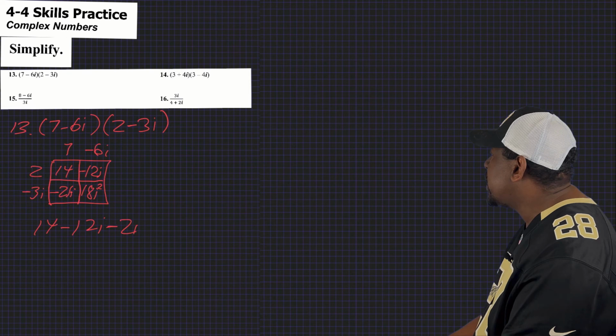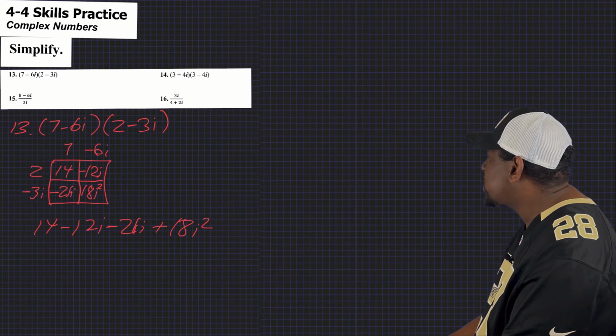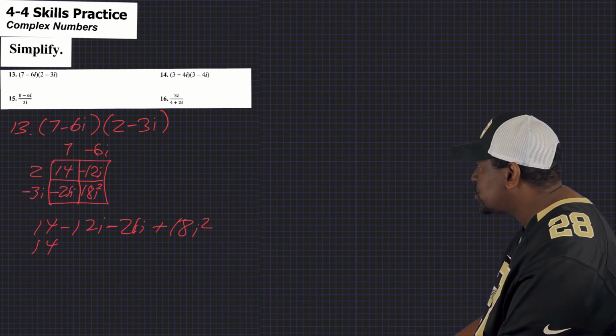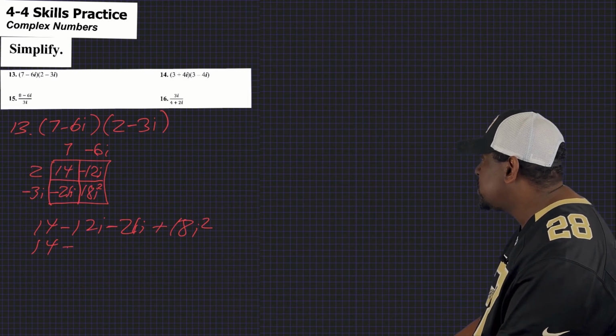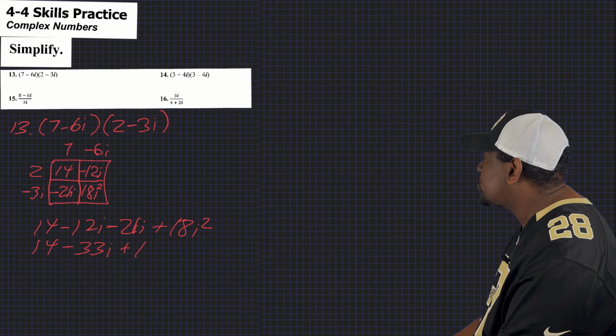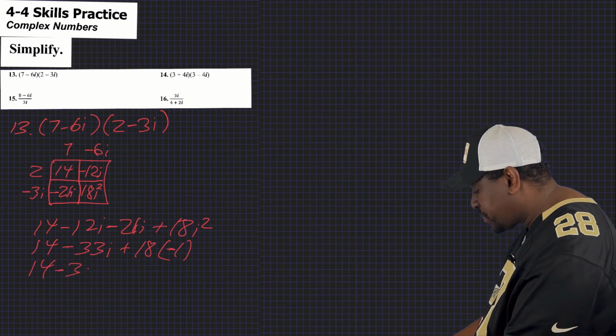We have negative 12i and negative 21i, they're like terms. We put 18i squared, and since we know i squared is equal to negative 1, we will substitute negative 1 for i squared, as you will see in a sec. Since the i terms are like terms, negative 12i and negative 21i equal negative 33i.